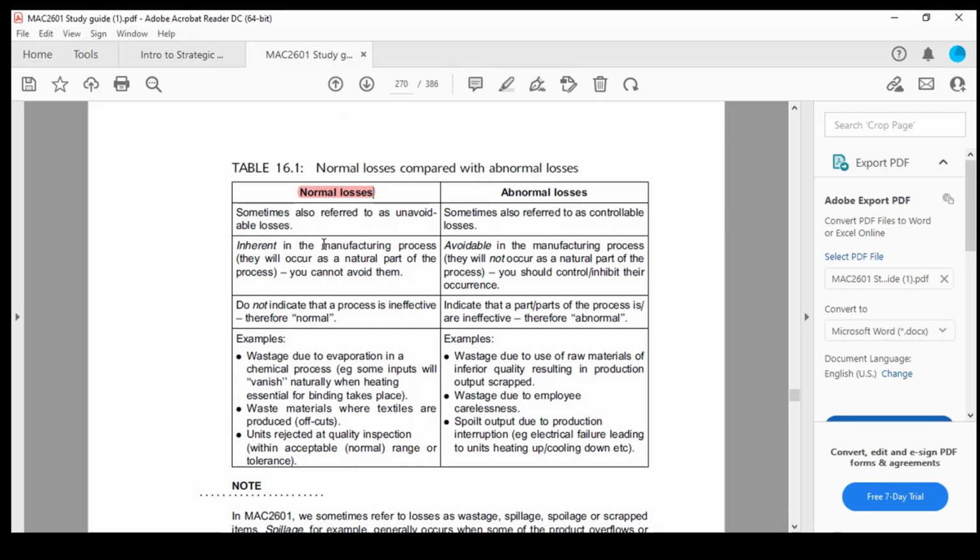You can't avoid it. It is part and parcel of your process. Okay, so that's normal loss. Whereas abnormal loss, it's something that you can control. It is avoidable. So in instances, if you have, let's say, fast food and load shedding happens, they tell us the times as to when load shedding will happen.